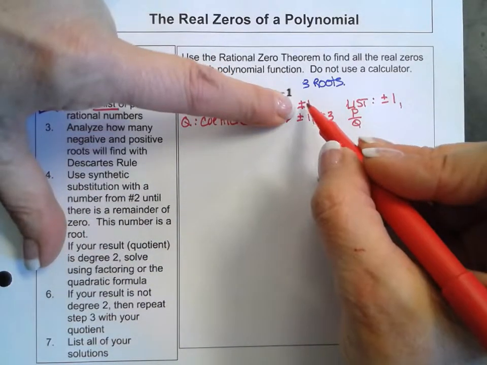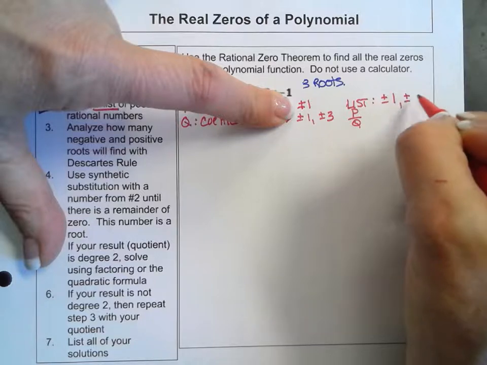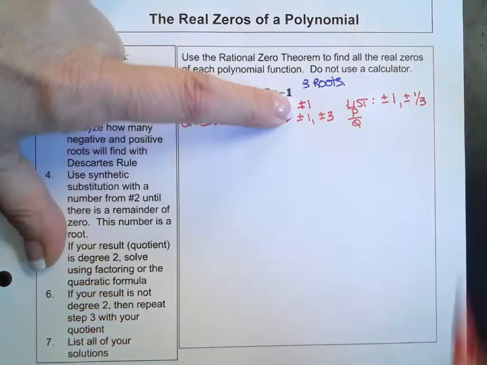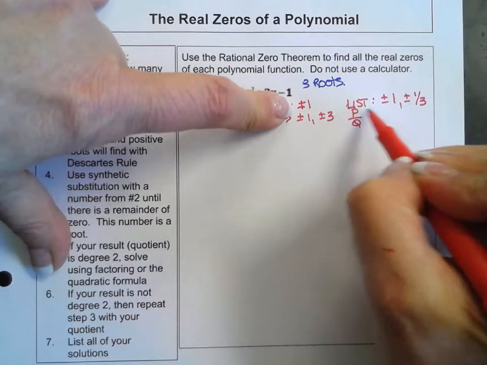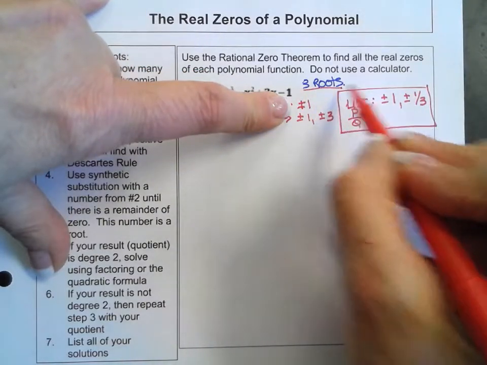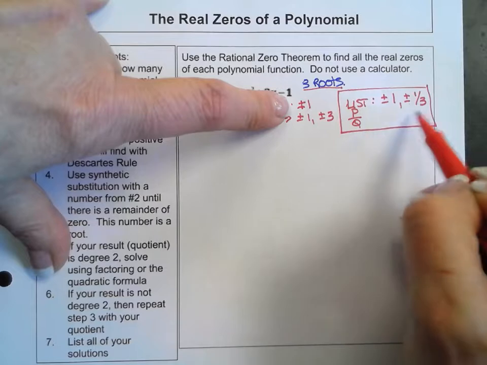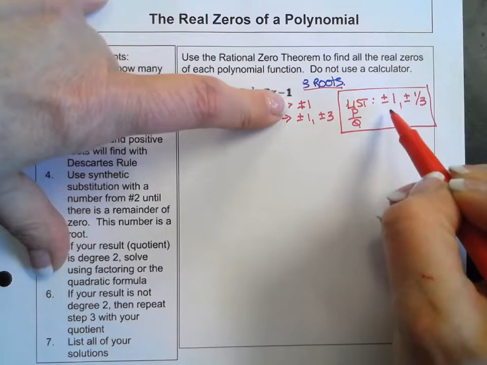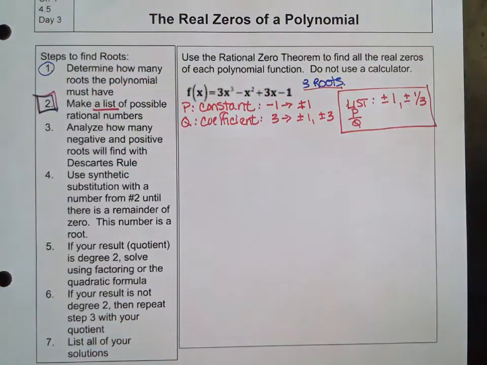And then 1 over 3 would give me plus or minus 1/3. So that means that my 3 roots are going to be either plus or minus 1 or plus or minus 1/3. Okay? So I have 4 choices.